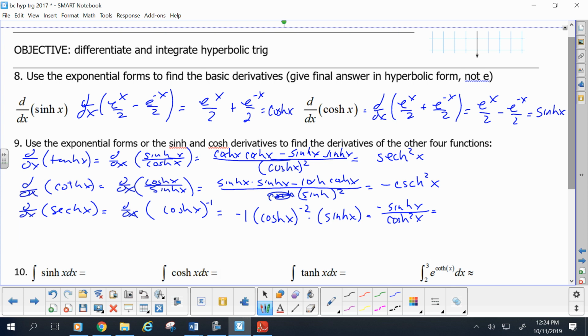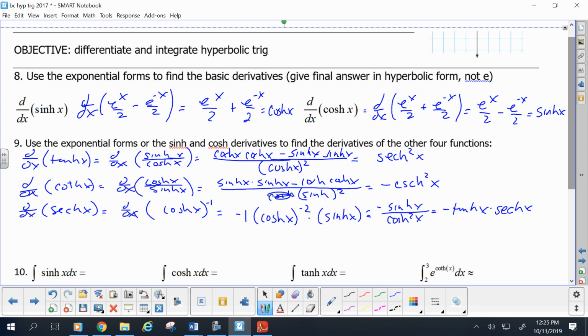How do you reckon we clean up negative sinh over cosh squared? Negative sinh over cosh is hyperbolic sine over hyperbolic cosine is hyperbolic tangent, and then we have a 1 over cosh still left, so that's a hyperbolic secant.